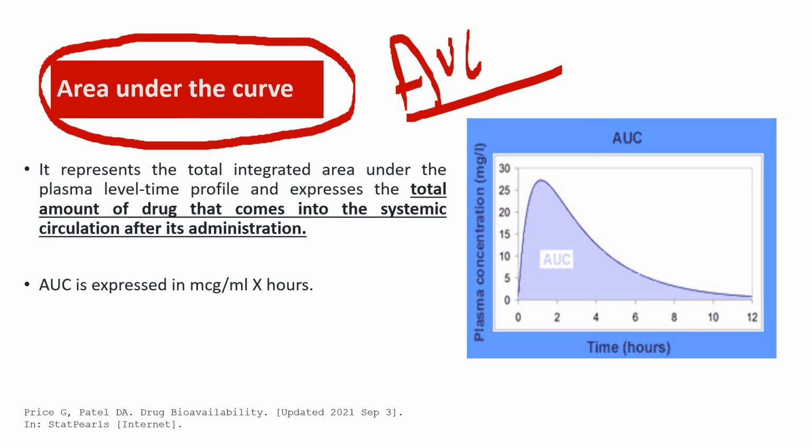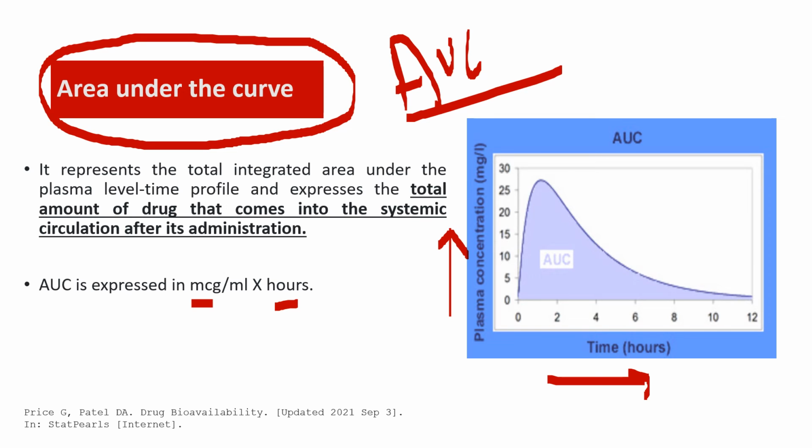The x-axis includes the time, just like for Tmax and Cmax, and the y-axis the plasma concentration. This expresses the concentration per ml into the time factor. AUC is also important for drugs that are administered repeatedly for the treatment of chronic conditions like asthma or epilepsy.